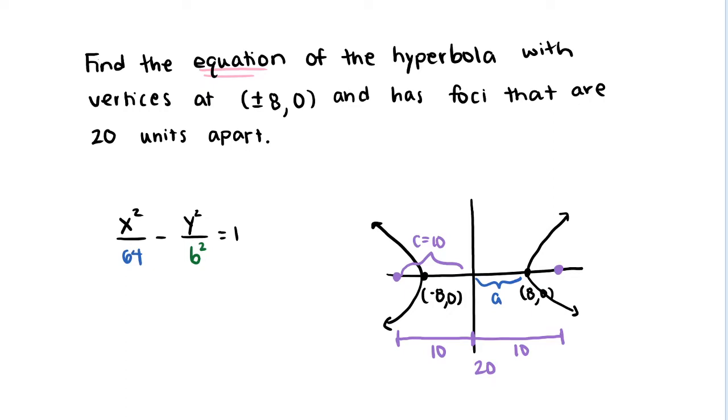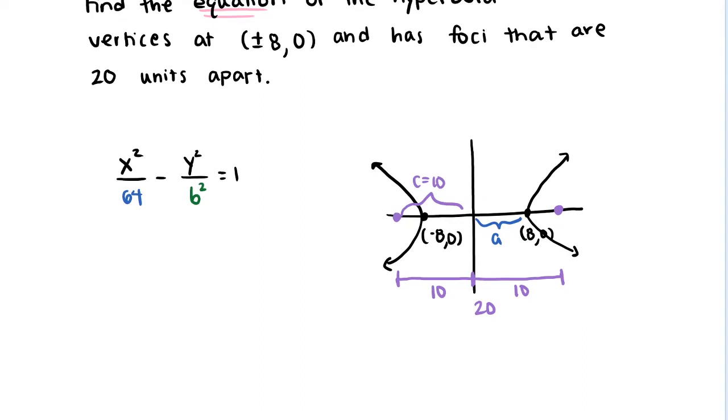And then we need to incorporate this idea of the foci. We know that there's a relationship between these denominators and the foci, namely that c squared is equal to a squared plus b squared. Well, c is 10, so we've got 10 squared is equal to 8 squared, so 64, plus b squared.